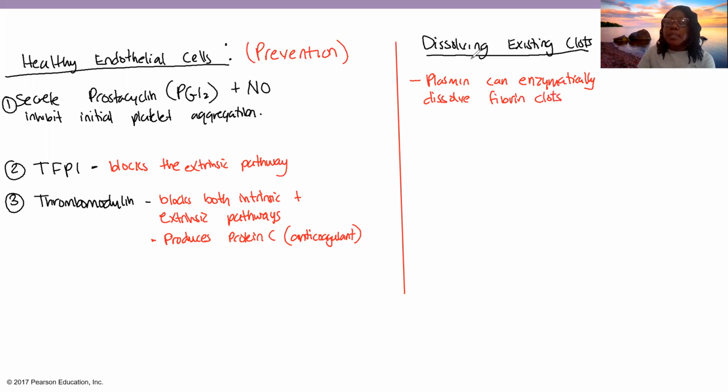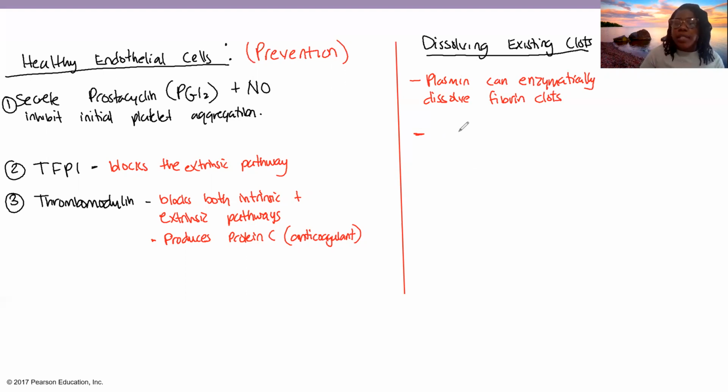And so we can activate plasmin. So a couple of layers here. This is kind of complex, so make sure you're following here. Plasmin can directly dissolve the fibrin clot, but plasmin needs to be activated from the inactive form, which is plasminogen.